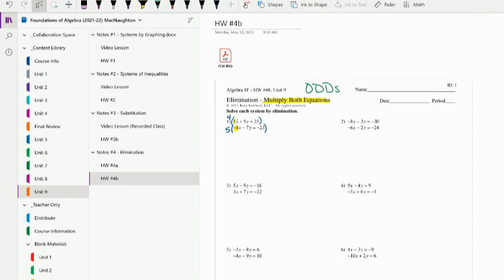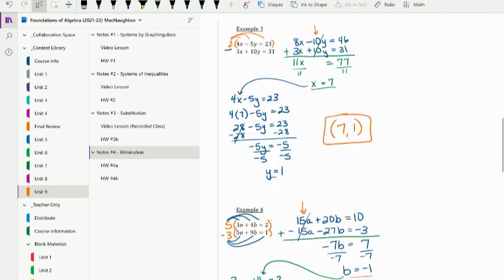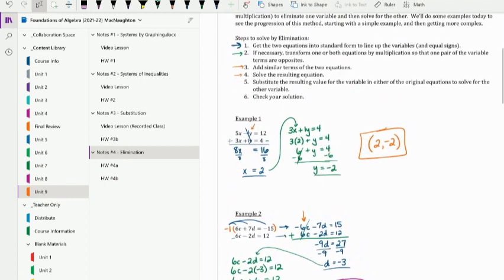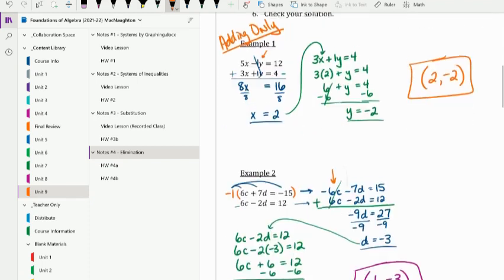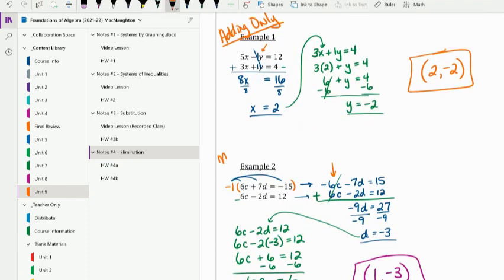Again, I know with me not being there, it can be a little bit harder to figure these out, but try to follow the examples on your notes. Each example on your notes, especially those first 4, are great to follow, right? Example 1 is your adding only example. Example 2 is multiply 1 equation, and this is just to change signs, right?